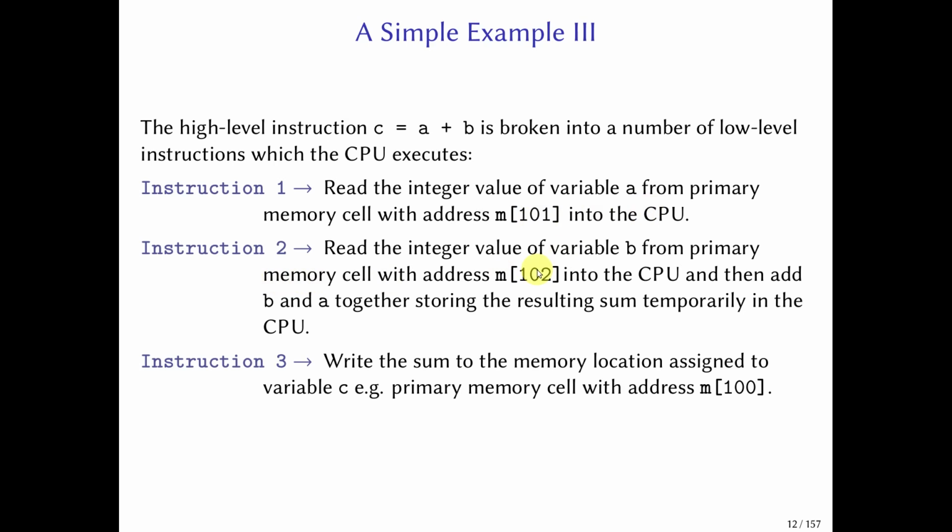Instruction 2 would be to get the value of B from memory cell 102 into the CPU, and then to add A and B together and store the sum of the two values temporarily in the CPU. And then instruction 3 would be to do the assignment, which would be to take the sum, the result of the addition of A and B, and assign that out to the cell which is associated with the variable C, and that would be the memory cell with the address 100.